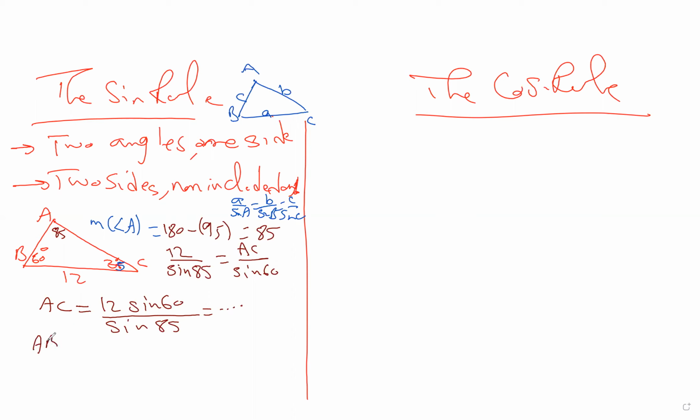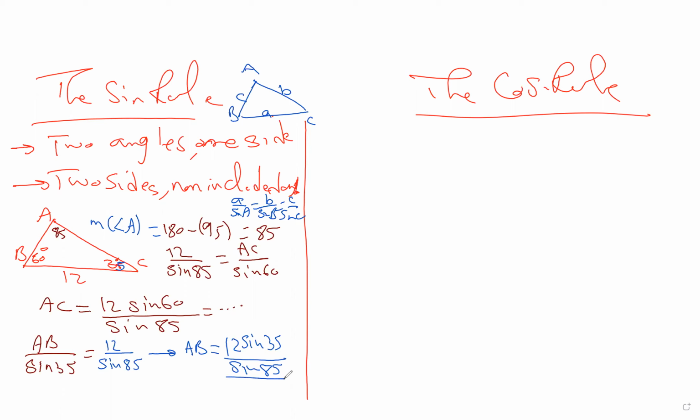It will be AB over sine 35 equals 12 over sine 85, so AB will be 12 sine 35 over sine 85. That is the length of this one.